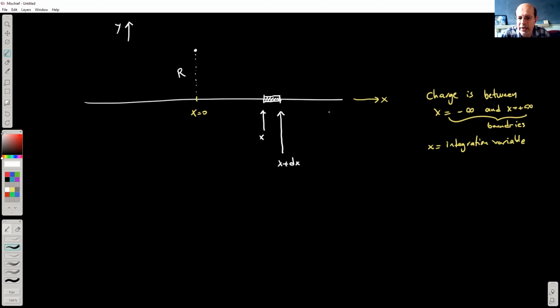So for Cartesian coordinates or for any other coordinates, I think about the amount of the charge with coordinates that lie on a small infinitesimal interval. So the length therefore in here is dx. So here, dx is infinitesimal.